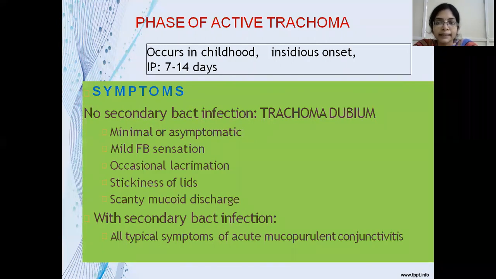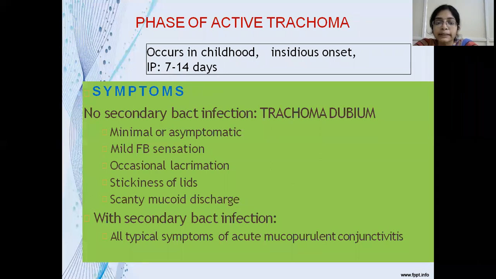No, it is just some scanty mucoid discharge with slight stickiness of lids and some watering. That's it. Because the presentation is so scanty or so mild, you're doubtful whether the patient has trachoma or not. So for that very reason, when there is no superimposed bacterial infection, it is referred to as trachoma dubium.